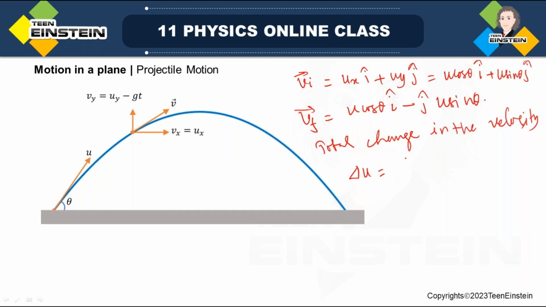It will be final minus initial. If we take the modulus of final minus initial, this will cancel each other, and this will be 2u sin theta.